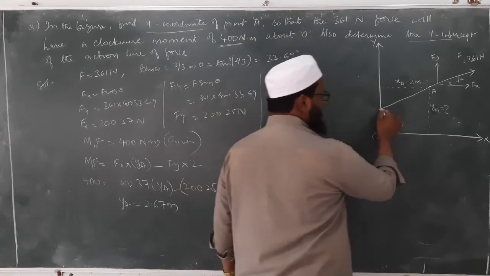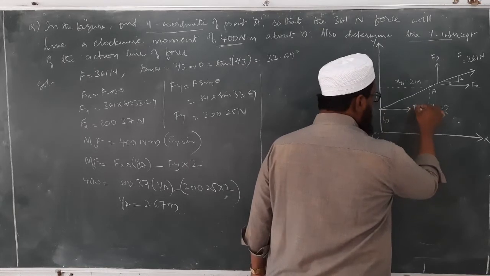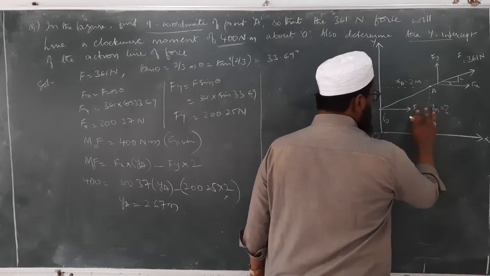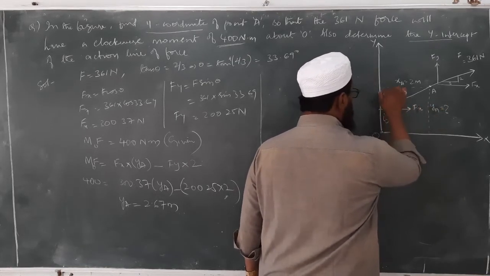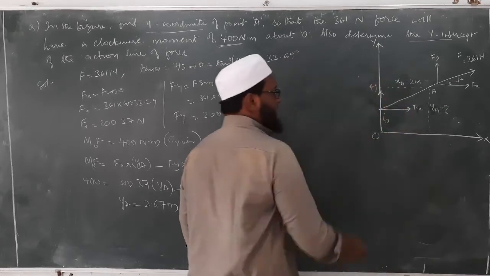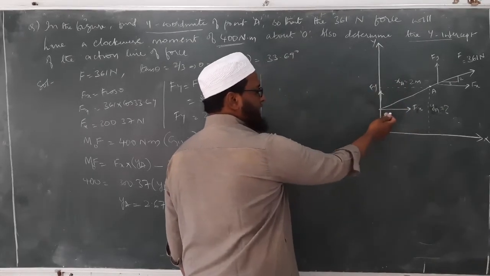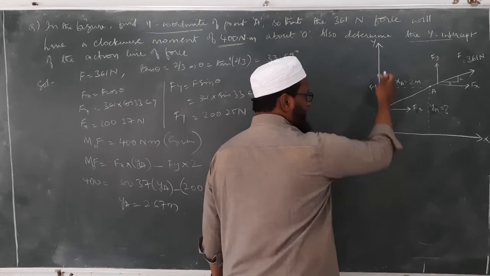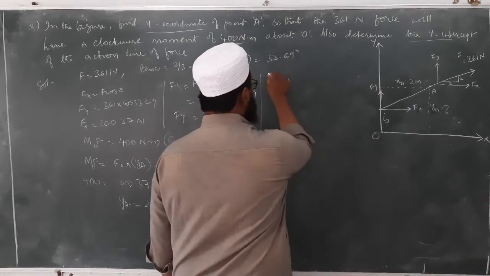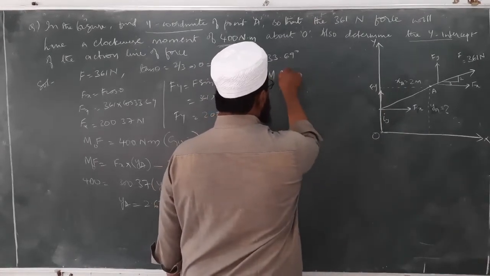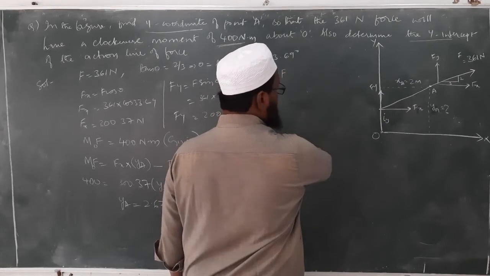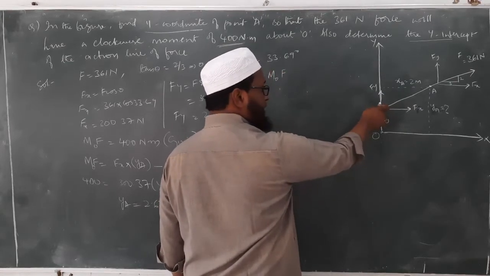If you project Fx here and Fy here, so Fx we have, Fy we have. Since this Fy is passing through point O, suppose we take the moment of F about point O again, with the force starting from here.